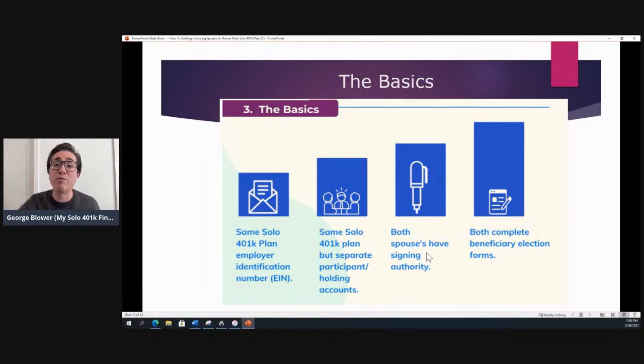The other spouse might have a separate trust set up by the estate planning advisor, and they want their assets to go to their own trust. So they would complete their beneficiary election forms differently. Each spouse who's participating completes their own beneficiary election form.